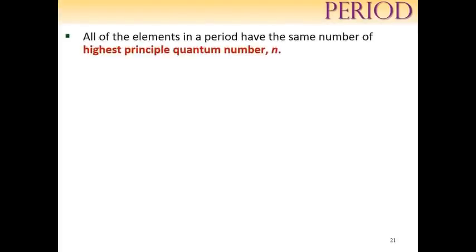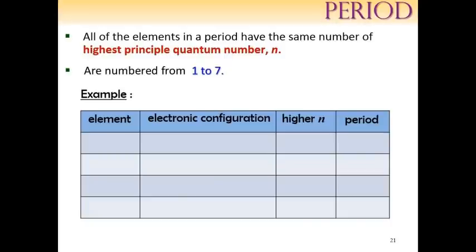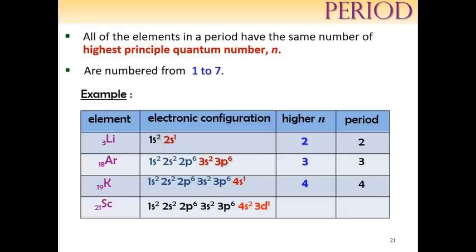All of the elements in a period have the same highest principal quantum number n. The periods are numbered from 1 to 7. Examples: lithium, argon, potassium, and also scandium. For lithium, the highest value of n is 2, so it is in period 2.